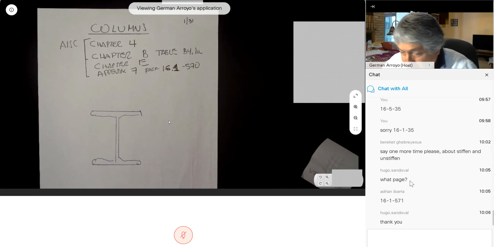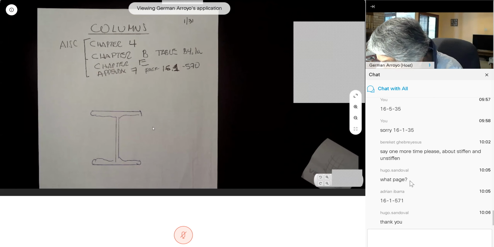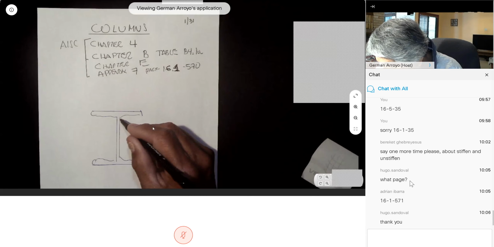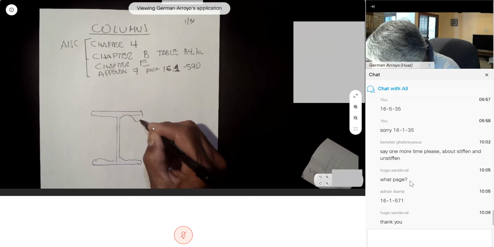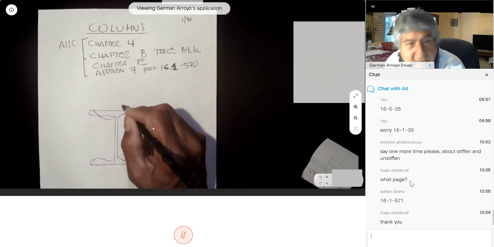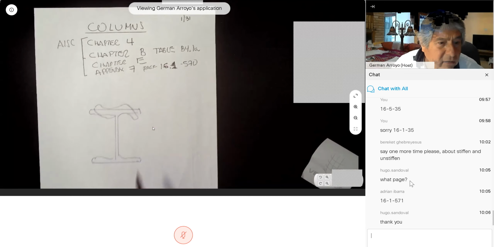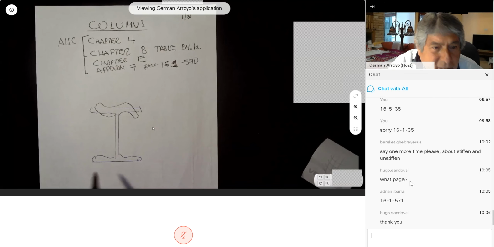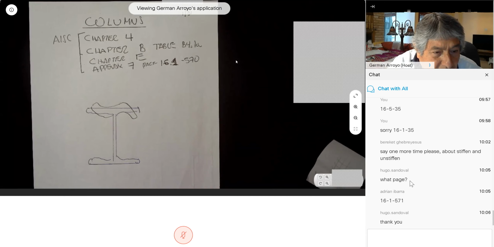So whenever we have buckling, this flange could do this. It could do, let's say, this, because nothing is supporting the flanges. That's why they are unstiffened.